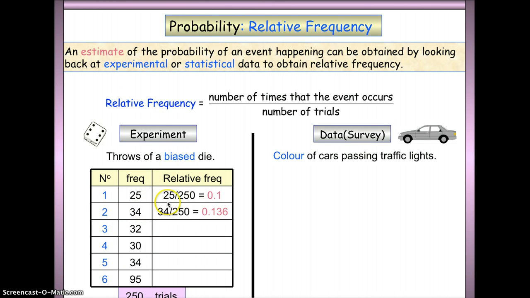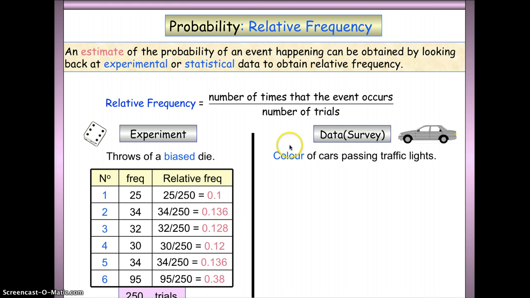So 2 came out 34 times divided by the number of times you did the experiment, which is 250, the total. So for 2, it has 13.6%. The relative frequency or the probability based upon this experiment is 13.6%. We're going to do that for all 6 events. And the last one, as you can see, 6 came out, it has 38% probability.